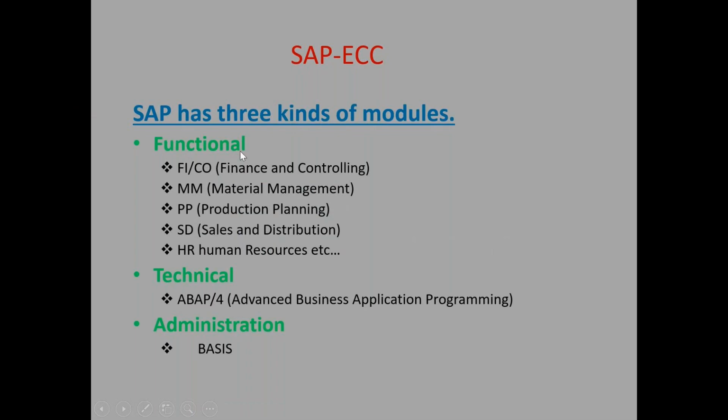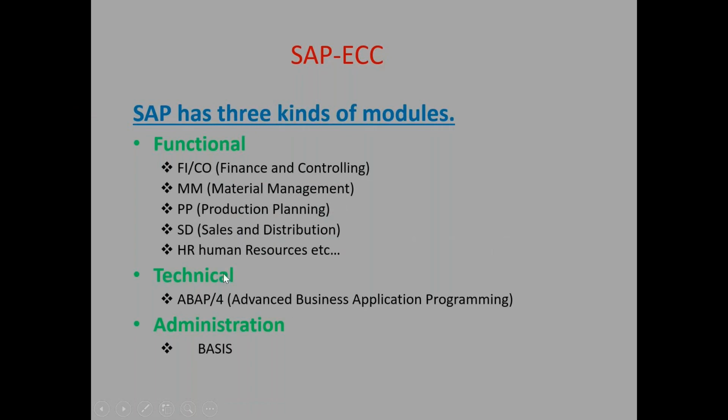In the functional modules, we have a lot of modules in SAP, like finance and controlling, material management, production planning, plant maintenance, sales and distribution, human resources, and warehouse maintenance. We have many functional modules in the SAP ECC system.